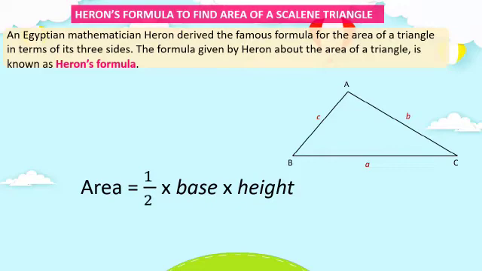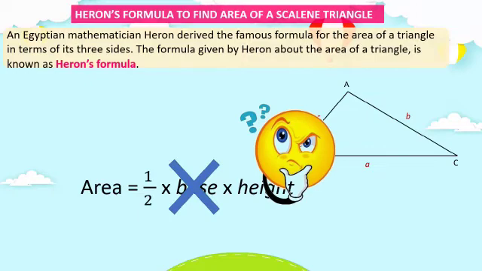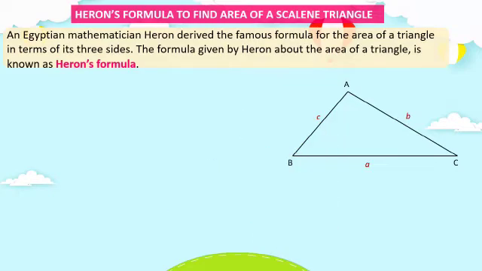We have no idea about base and height. Here base and height are not given. So we cannot apply this formula. Then what can we do? So we will find another formula to find the area of this triangle.